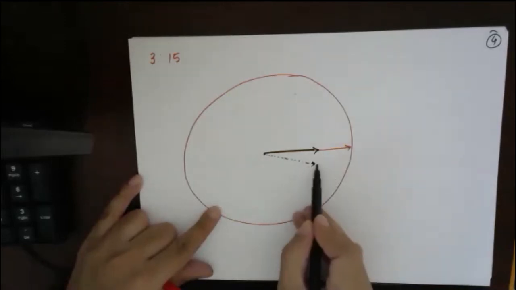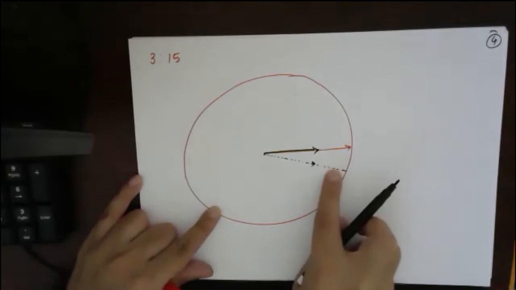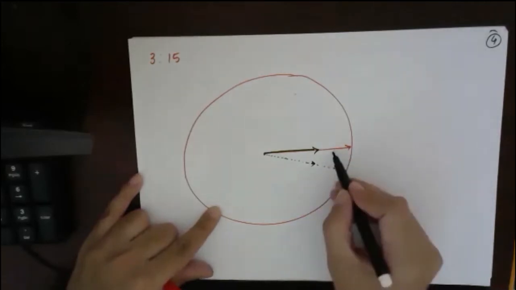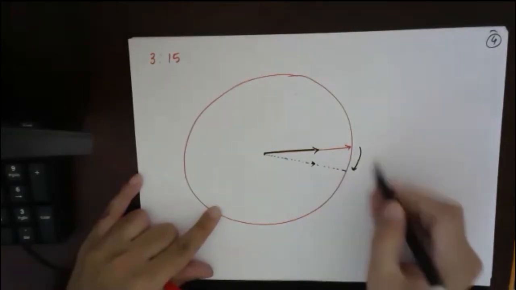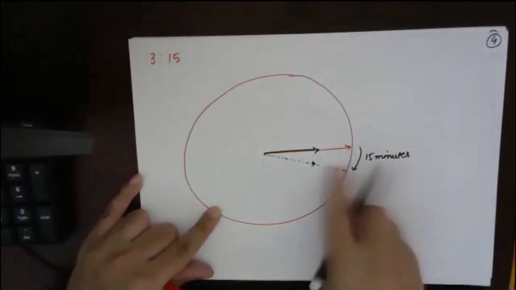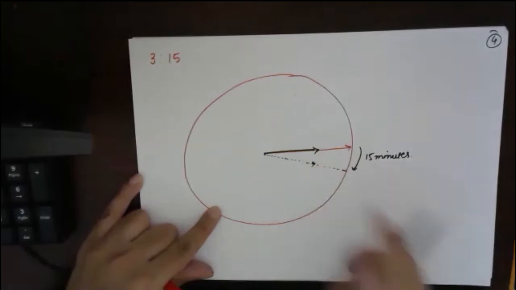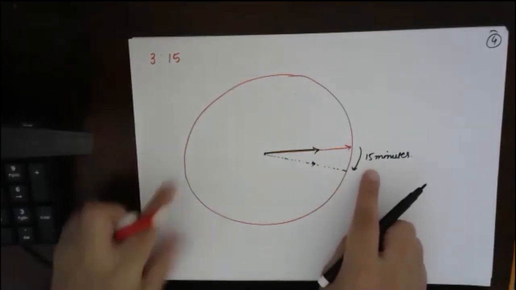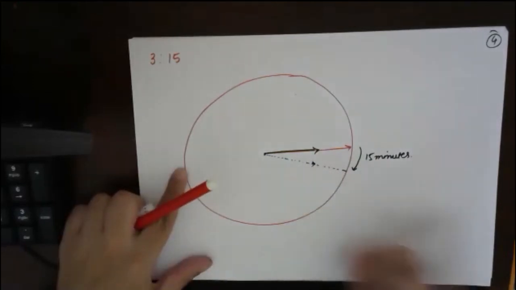So our hand has moved for 15 minutes, from here till here. Let's calculate how much angle the hour hand will move in 15 minutes.